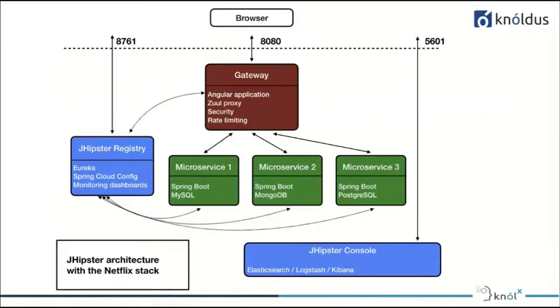Then the registry looks at the URL, finds which microservice it has to route to, and sends that information to the gateway. Then the gateway redirects the request to the microservice. The microservice processes that request and gives the response back to the gateway. Finally, the gateway gives the response to the browser. This is how the registry, gateway, and our microservices interact with each other.